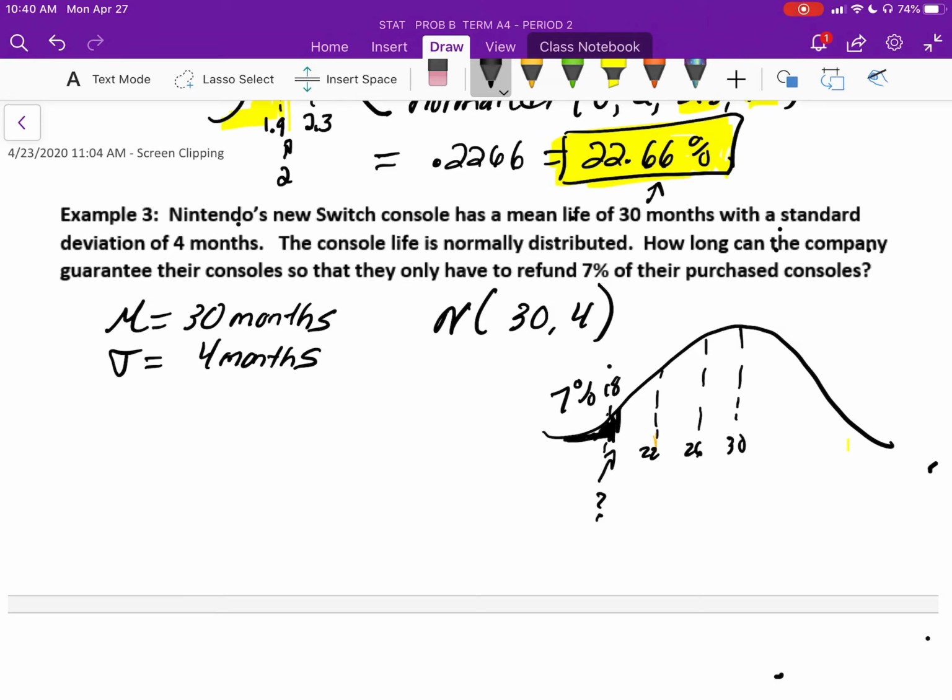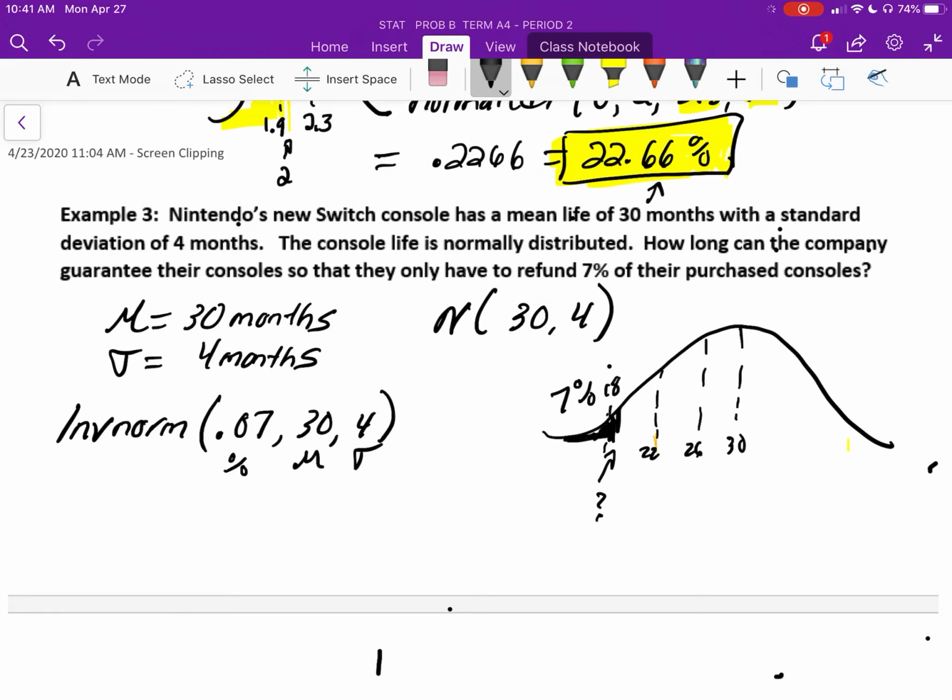And how do we get that? Well, if you remember, when we go backwards, we do the inverse. So we're going to use the inverse normal. And we know it's 7%. So you need to know first the percent, and then you need to know the mean and the standard deviation. So in this case, it's 30 and 4.